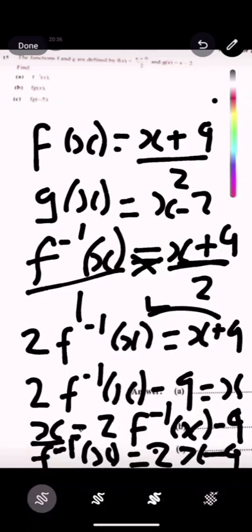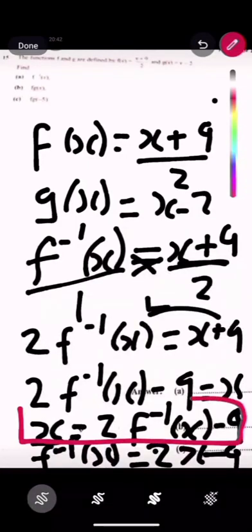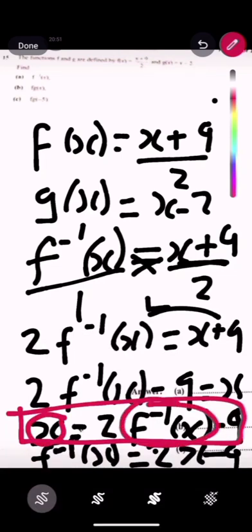So what we've done is, in this expression, x and this have exchanged. x has become this and this has become x. That's what we have here.